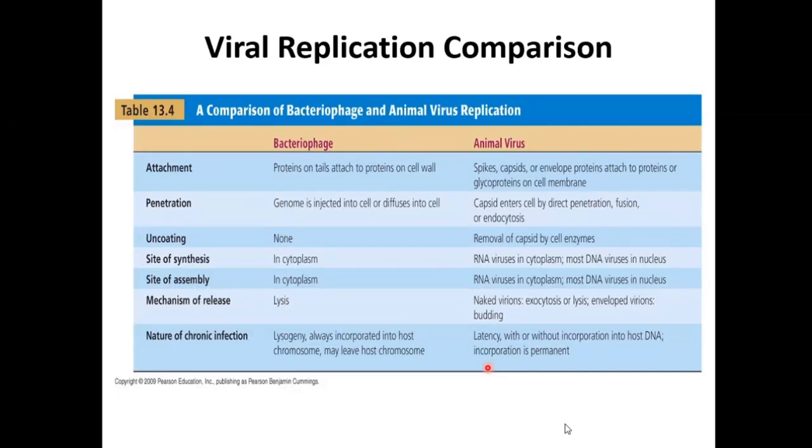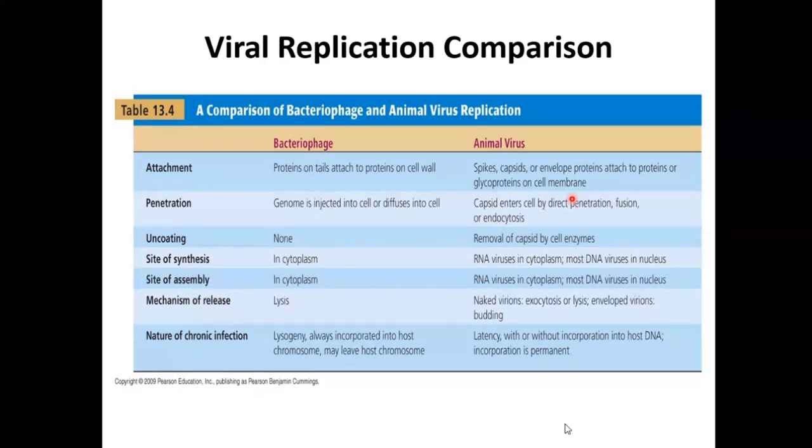So you can compare a bacterial cell versus a human cell. In bacteriophages, the attachment protein on the tail attaches to the protein on the cell wall. We don't have a cell wall, so spikes, which are glycoproteins on the virus capsid or envelope, attach to the protein or glycoprotein of the cell membrane. Instead of tails, we have spikes on our viruses that attach.